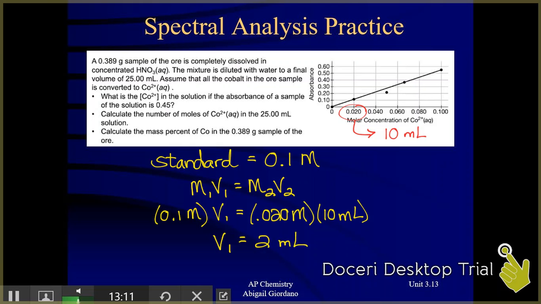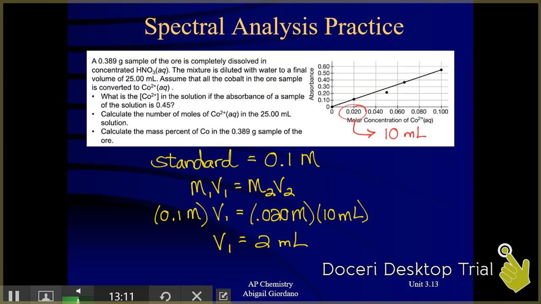That means I have this bottle of 0.1 molar standard solution. I would take out of that bottle just 2 milliliters of that concentrated solution. To get it up to a final volume of 10 milliliters, I would simply add 8 milliliters of water. 2 milliliters of the concentrated solution plus 8 milliliters of water is going to get me to that volume, 10 milliliters, that I was supposed to make.